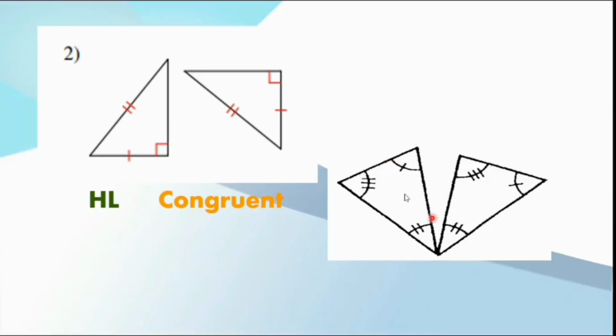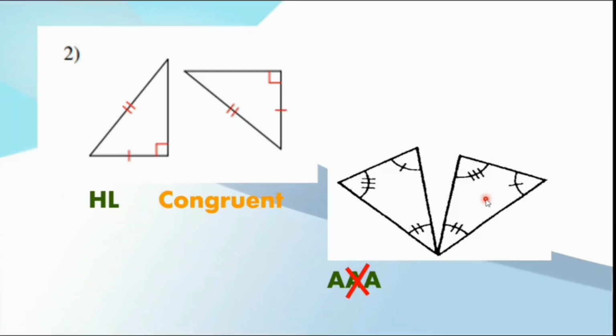On the other triangle, we have angle, angle, angle, or AAA. Now the question is, is there an AAA congruence postulate? There is none. So since there is no such thing as an AAA congruence postulate, we cannot conclude whether the two triangles are congruent or not.